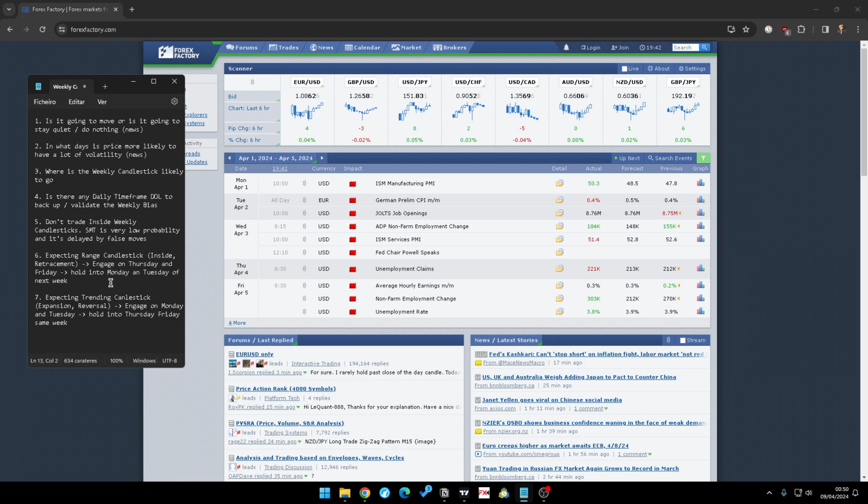It's very low probability, but I know that the other candlesticks are higher probability. So if at point one you say that it's going to move a lot, then it's not going to be an inside candlestick, because inside weekly candlesticks do not move a lot.